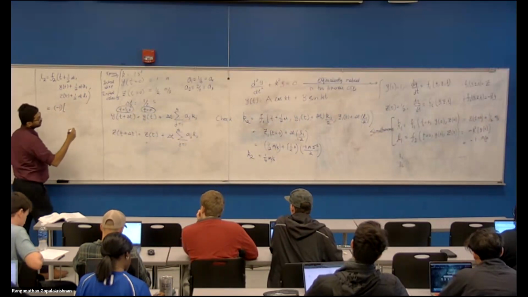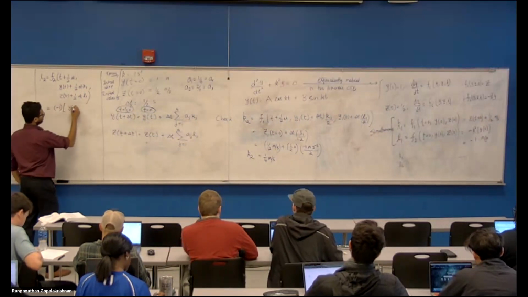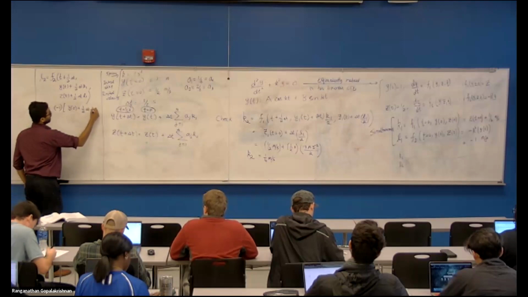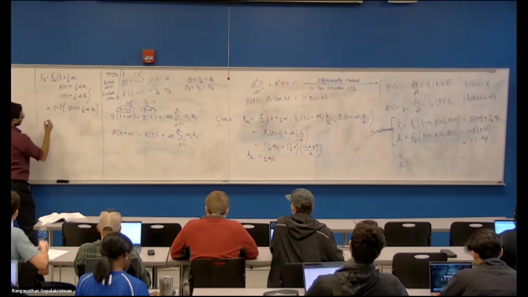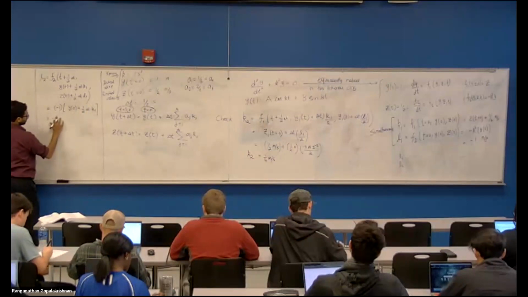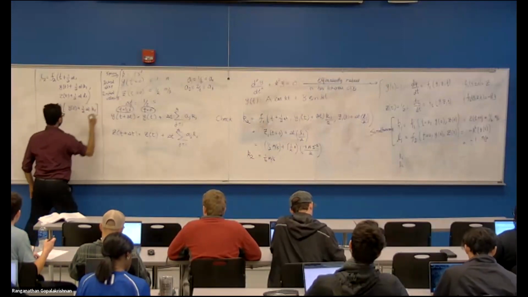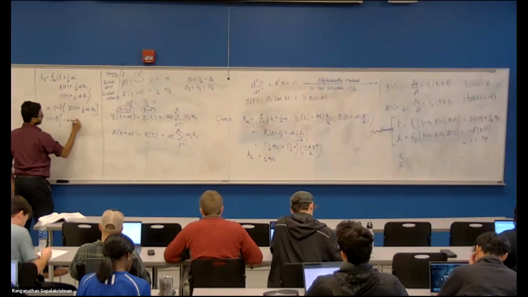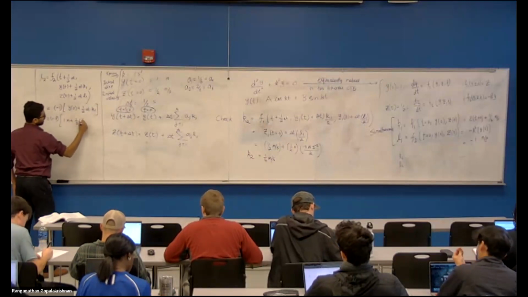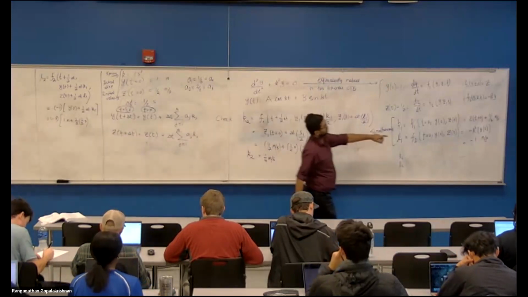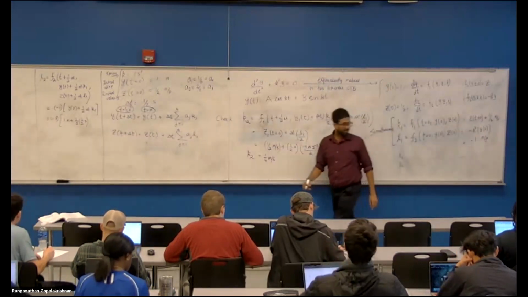What is y of 0? Or I'll write y of 0 plus half delta t multiplied by K1. -1 multiplied by y of 0 being 1 meter plus half delta t being half a second. And what is K1? 1/2 meter per second.